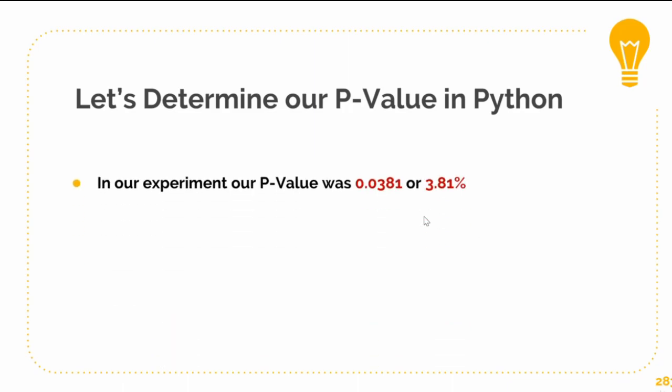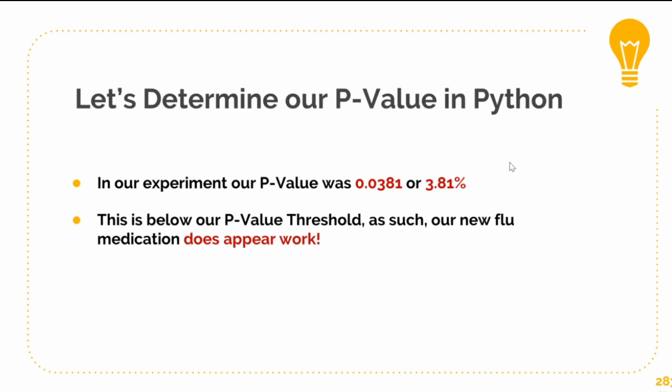Now before we go to our Python notebook, because it's just one cell of code that we need to run, I can intuitively tell you our p-value was 0.0381 or 3.81%. And how did we get that? Remember, in our 10,000 simulations, how many results exceeded 0.6 in our mean differences? Only 381 out of 10,000. And that's how we get this figure here. It's 381 over 10,000.